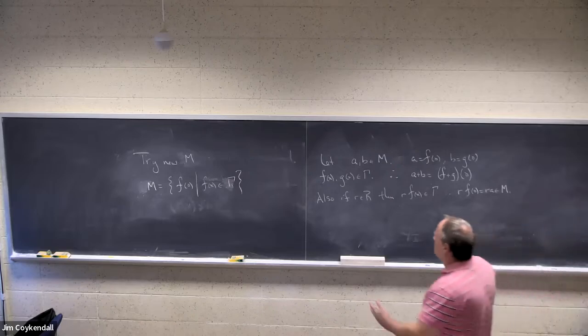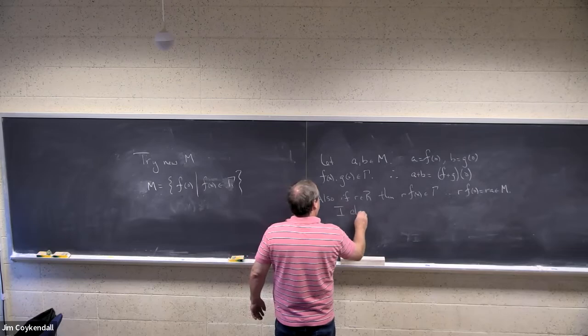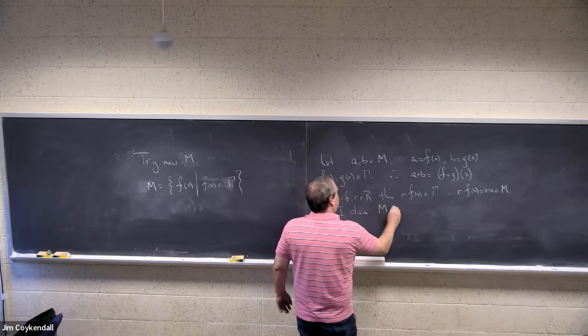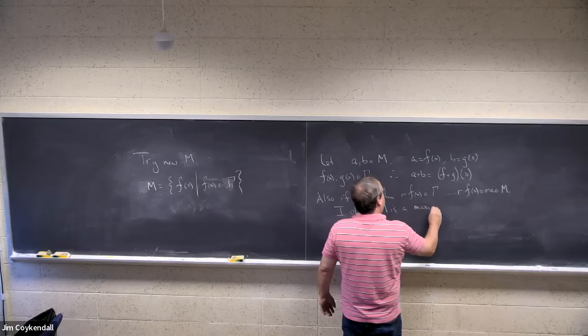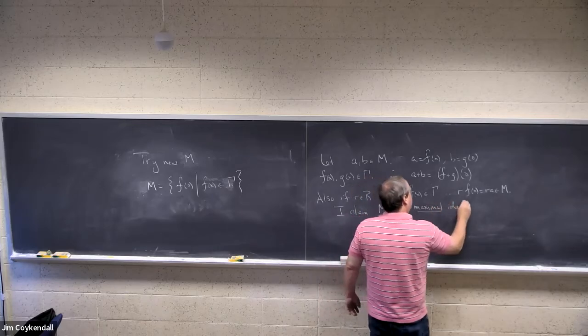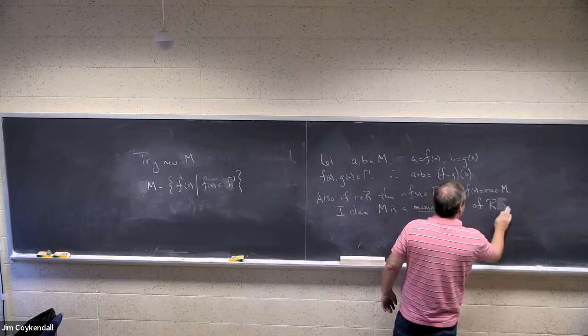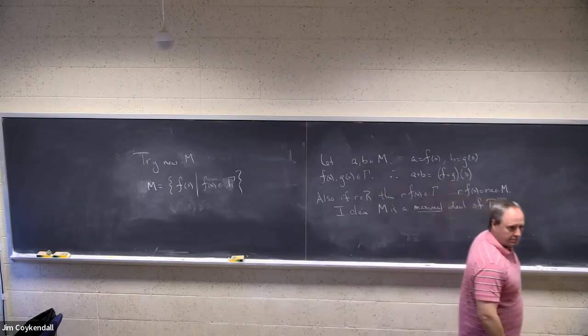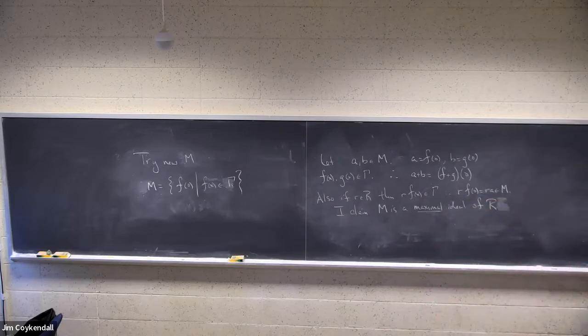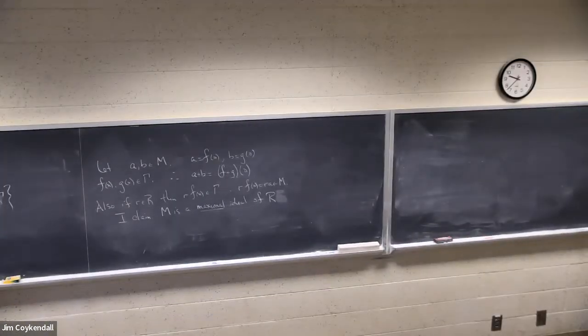And I claim now that M is a maximal ideal of R. Basically, what I've done is I've taken my ideal gamma and I have read every single constant term out of every power series in there.